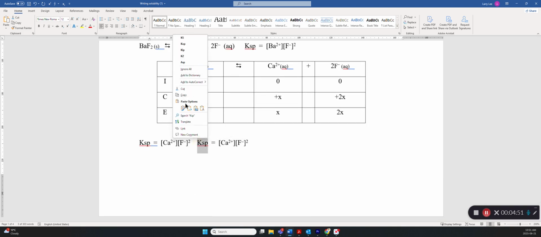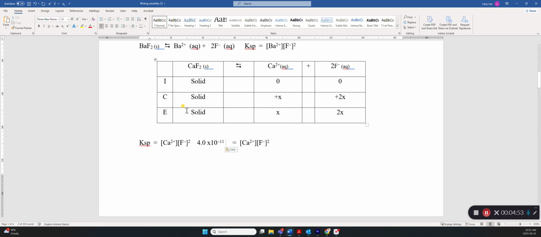Just going to copy and paste this. And this is for the calcium will be the value of X. And this will be 2X for the fluoride. That's all we're doing, we're replacing the equilibrium variables into the equation.